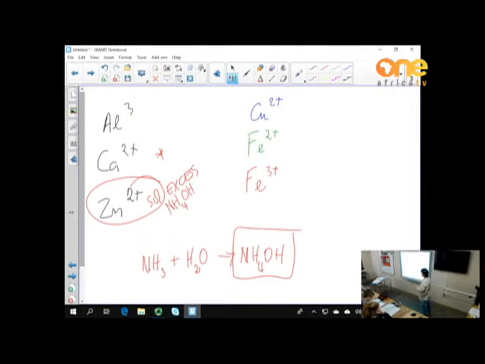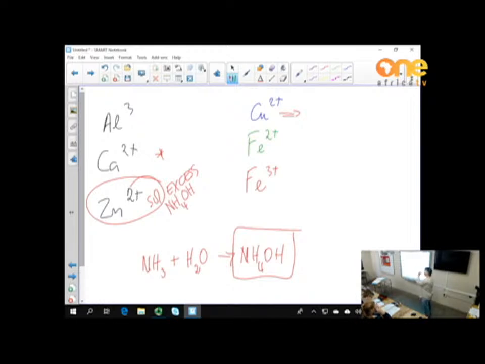Now, when we go and have a look at the metal ions with ammonium hydroxide, we said we get the light blue precipitate, we get the green precipitate, and we get the red precipitate. Here by copper, there's something extra that happens. If I add excess to all of them, the green precipitate will remain, the red precipitate will remain.